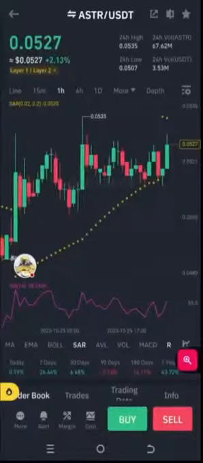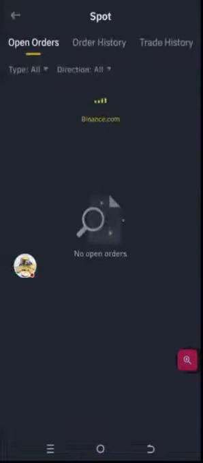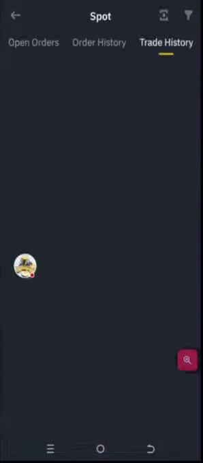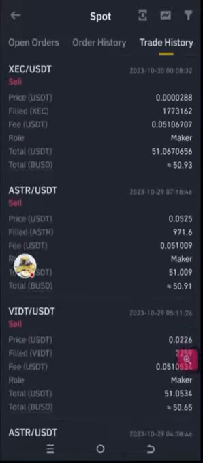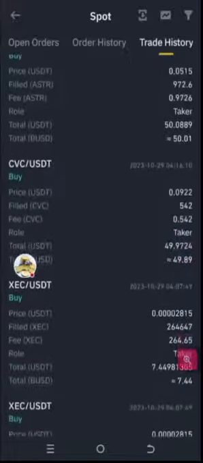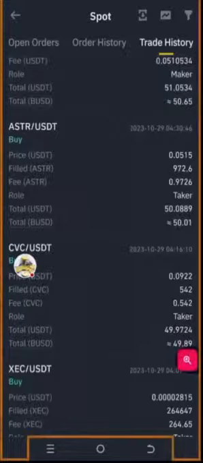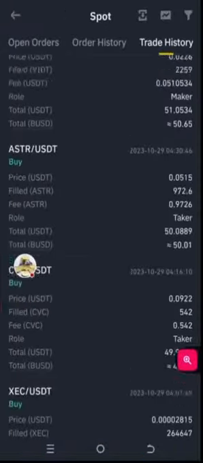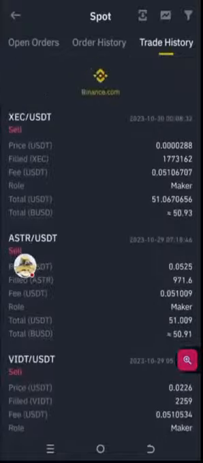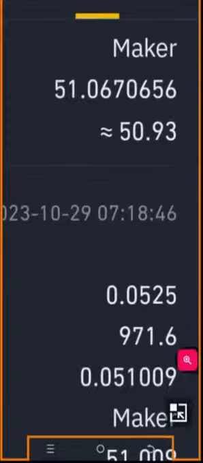Let's go and check in the order in the trade history. I always love to do that because you don't keep all these things in your brain, and since you weren't awake when all of these were happening, you have to come back and check what happened. So ASTR, let's look at where ASTR is. 4:30 to 7:15.